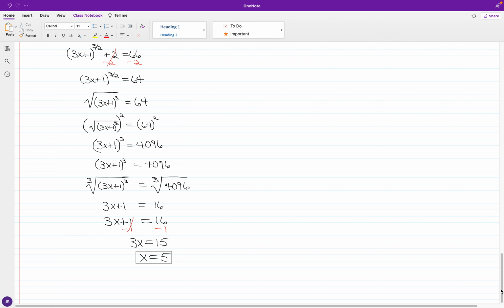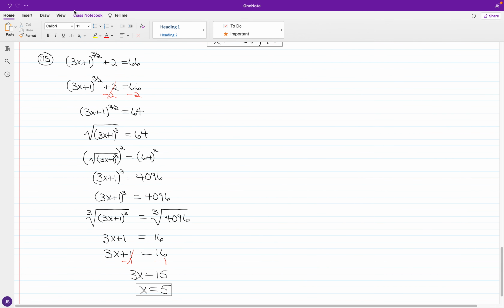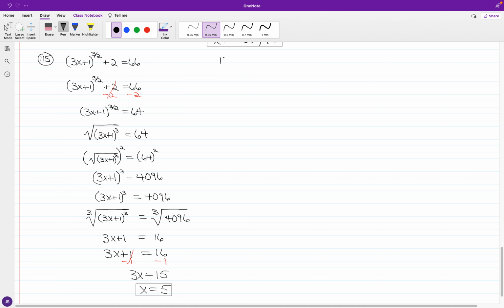Now, for what we have in the case of 116, we got 2x minus 1 to the 3 halves, minus 3, is equal to 122.